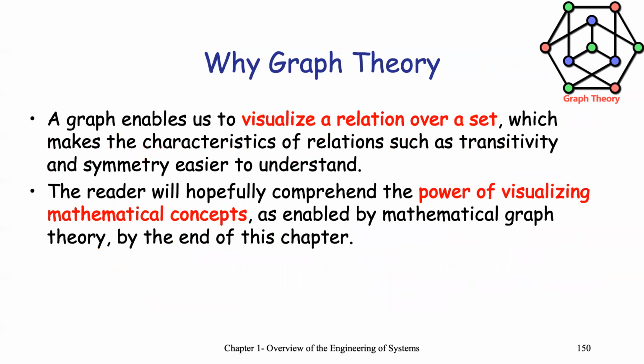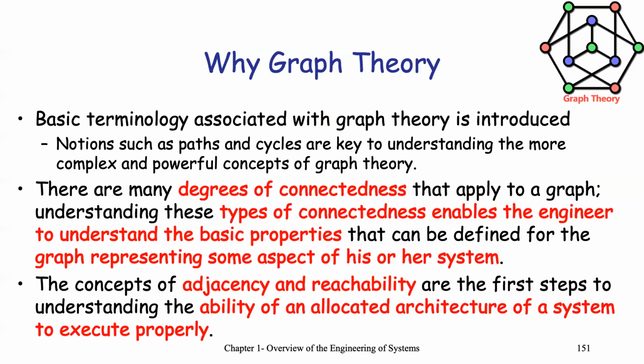So a graph enables us to visualize a set, visualize a relation over a set, which makes the characteristics of relationships such as transitivity and symmetry easier to understand. The reader will hopefully comprehend the power of visualizing mathematical concepts as enabled by mathematical graph theory by the time we're done with this chapter.